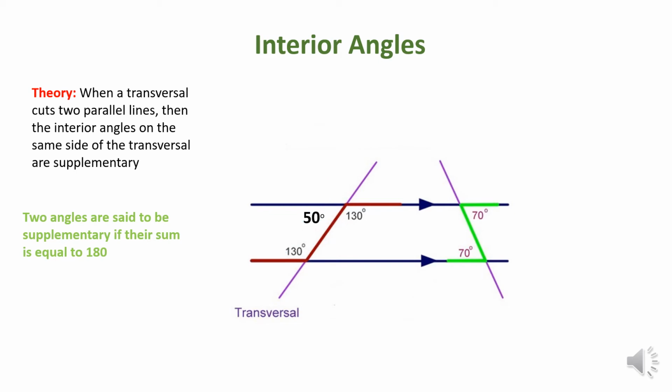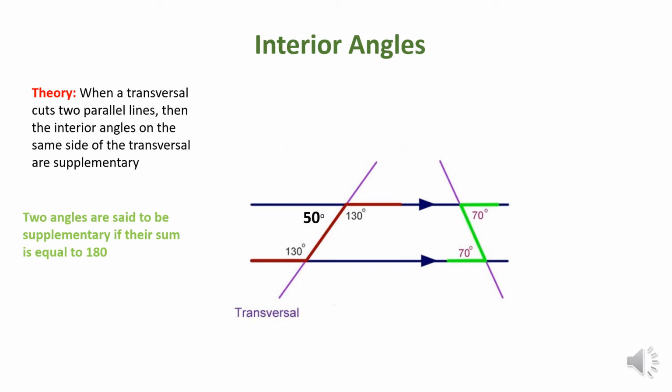So we learned three things that happen when a transversal cuts two parallel lines. Corresponding angles that are formed are equal, alternate angles that are formed are equal, and now we are learning that the interior angles formed are supplementary. Okay, they're not equal, but they are supplementary. That means that their sum is equal to 180 degrees.